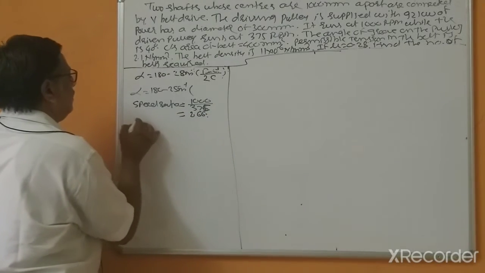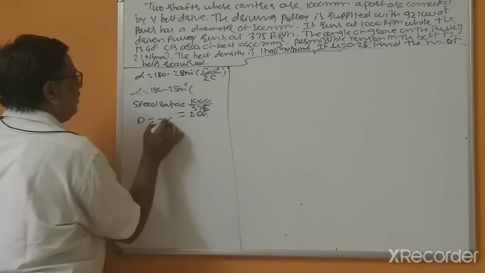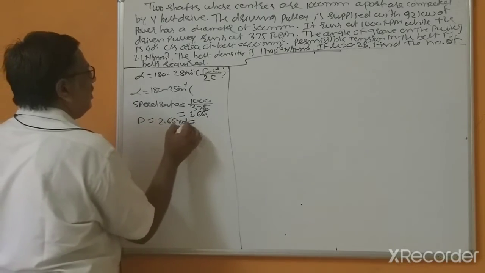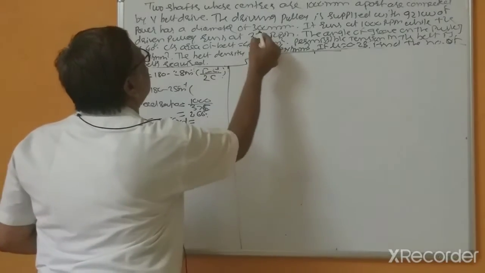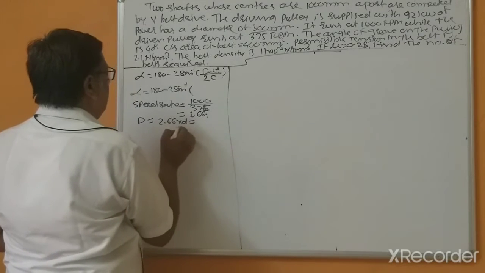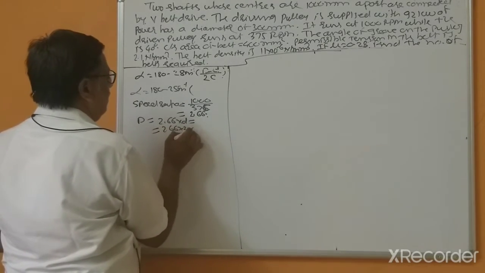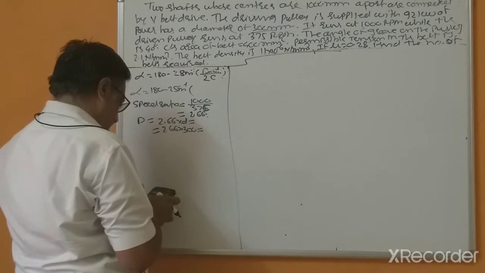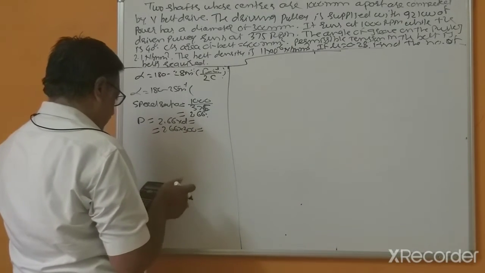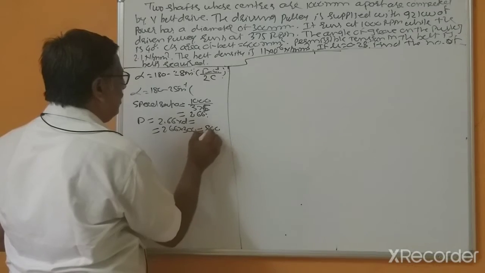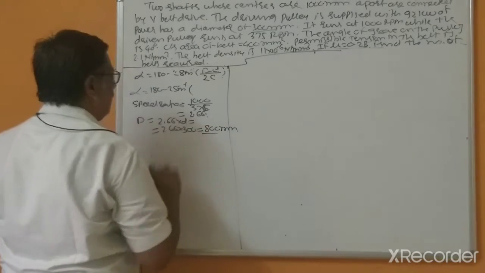Now D equal to 2.66 multiplied by small d. Small d equal to 300 mm. 2.66 multiplied by 300 is equal to 800 mm.